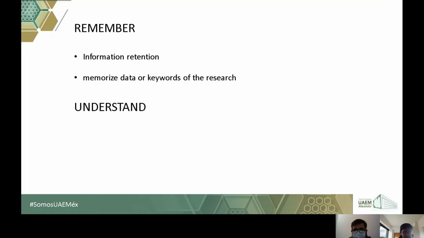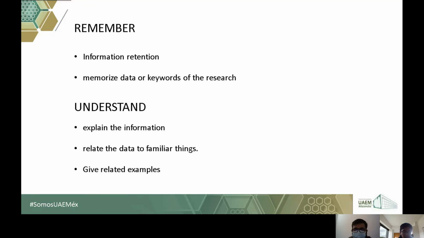To understand is the second stage. Understand means to explain the information and relate the data to familiar things. Give relevant examples. The student must be able to express the information in their own language with some example.